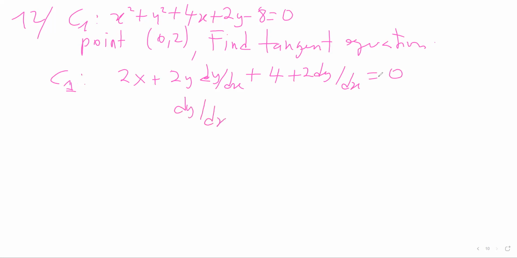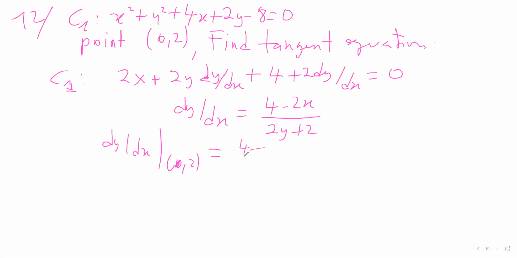So dy/dx is 4 minus 2x over 2y plus 2. So dy/dx at (0, 2) is nothing but 4 minus 2 of 0, over 2 of 2 plus 2. And this will be 4 over 6, right? 2 over 3.